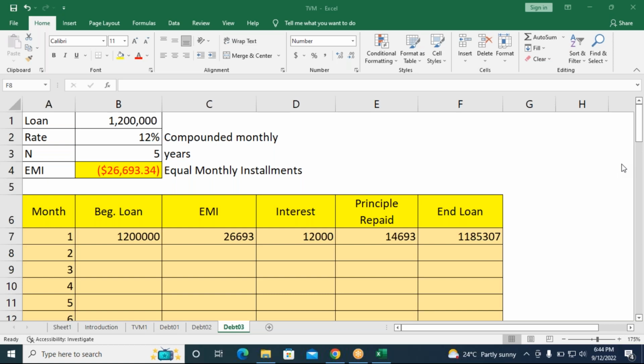Girls, done? Yes, ma'am. Okay. So here, next month, what will be the beginning of the loan amount?